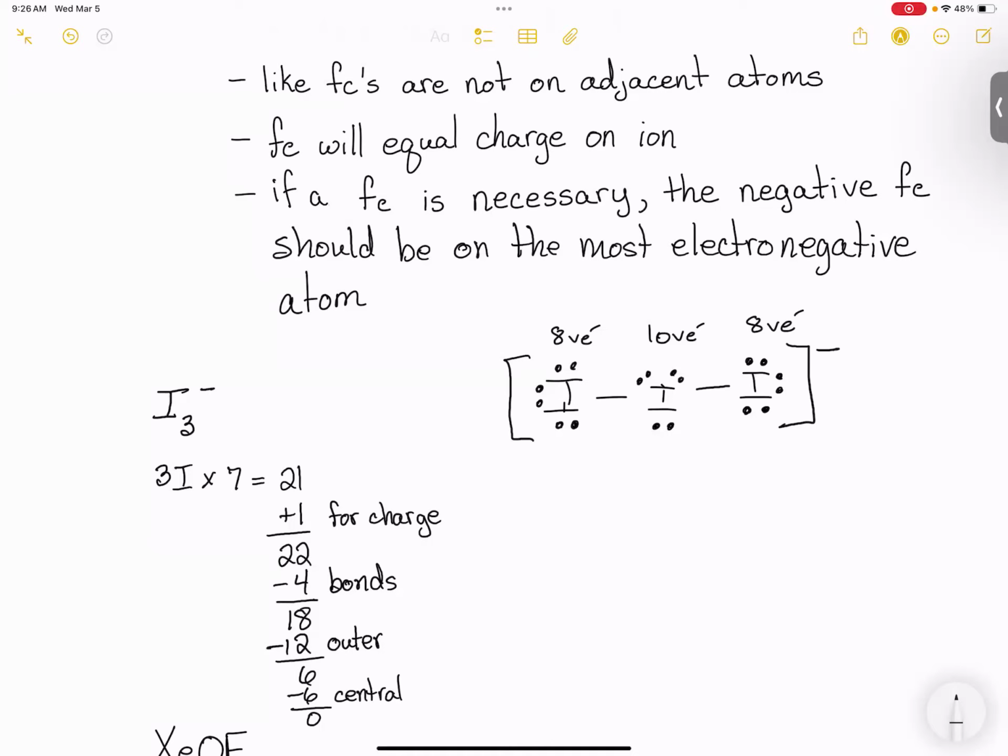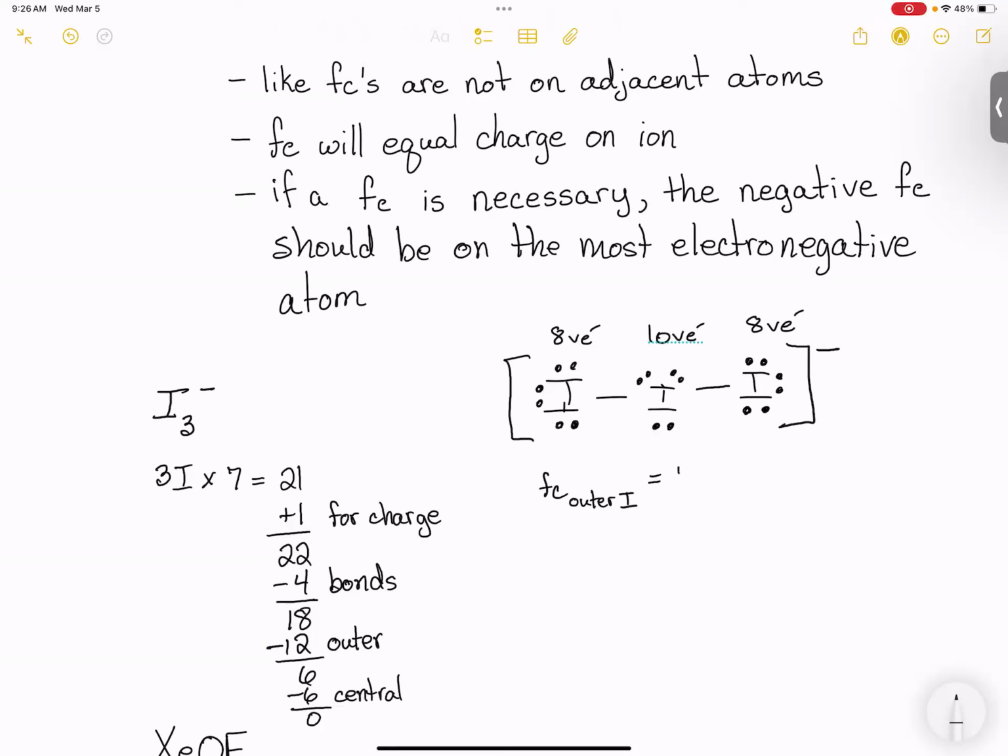Now, just for practice, let's calculate the formal charge on our atoms. So let's calculate the formal charge on the outer iodines. I'm listing it once because they look identical. It is going to be the number of valence electrons for an iodine.